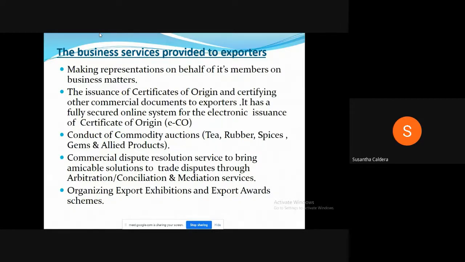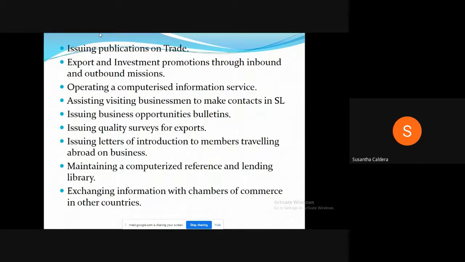That means if anybody is going for arbitration or conciliation or mediation services, they do. Then organizing export exhibitions and export award schemes. Both parties are doing it. EDB is also doing, right?